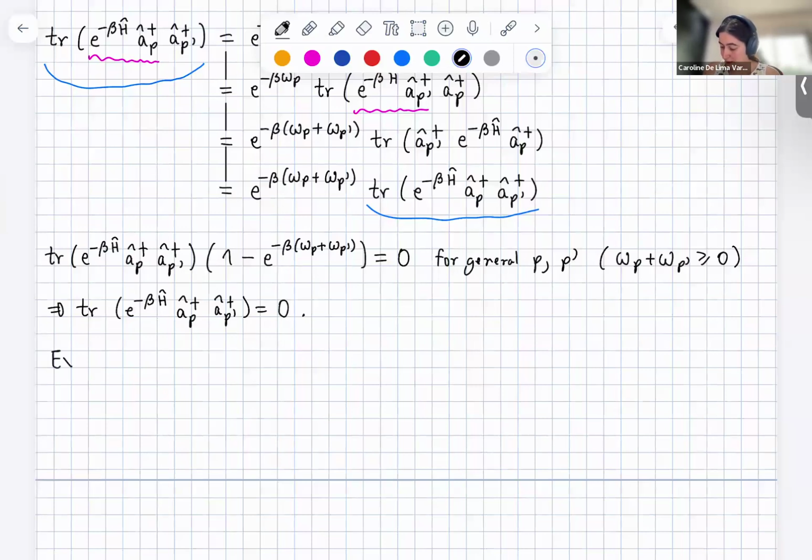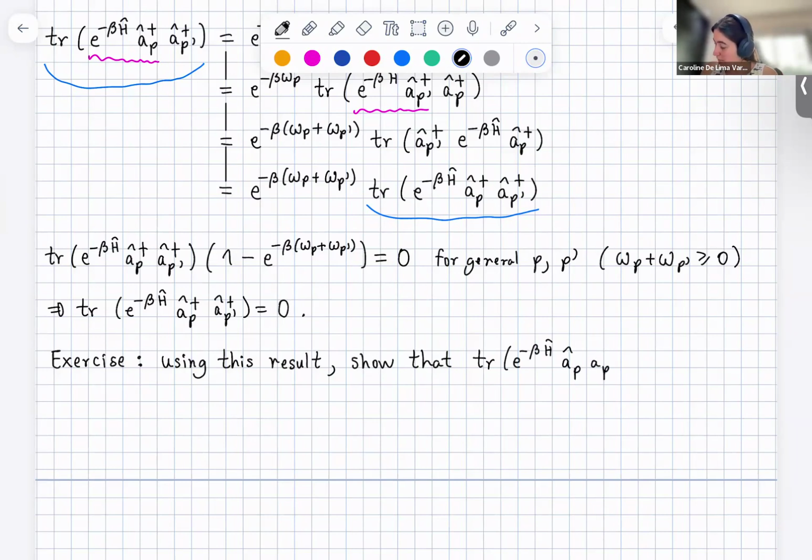so exercise for you guys: using this result, I want you guys to show that the trace, when both of the terms are annihilation, show that the trace of e to the minus beta H times a_p a_p' is going to be 0 as well.